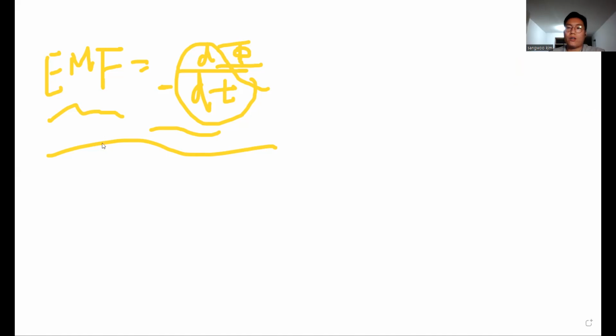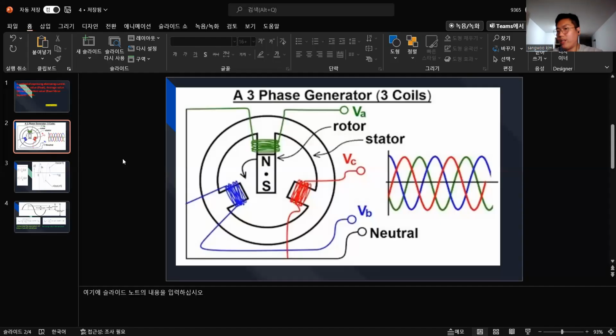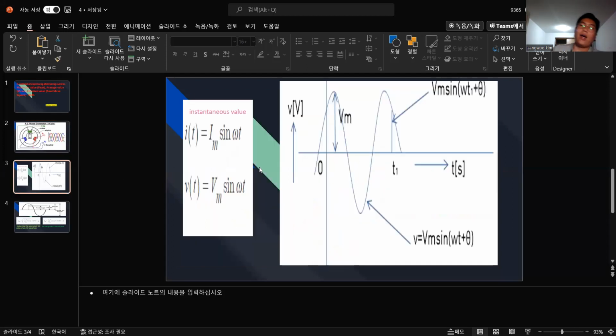Today's lecture is kind of simple. We will learn what these mean, okay? So look at that. As you can know, AC is a kind of waveform, right? It could be a sine waveform, or it could be a cosine waveform. Don't worry about what is sine form and cosine form.